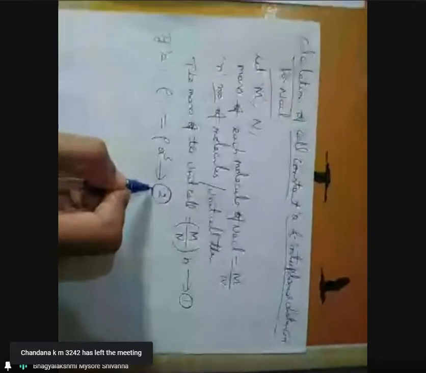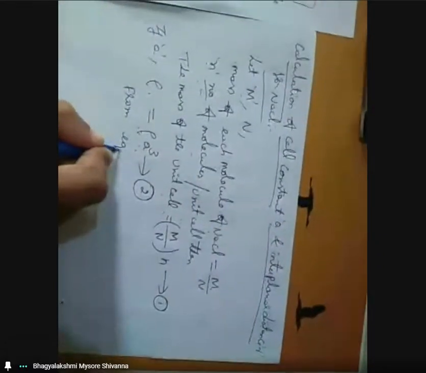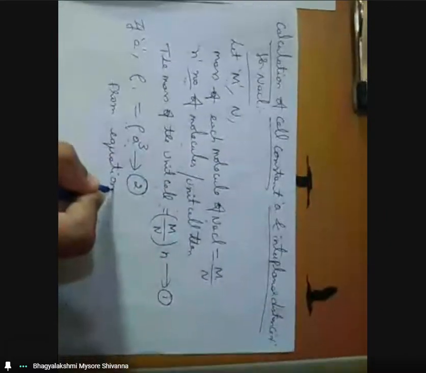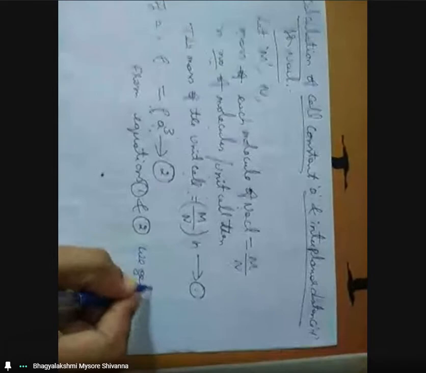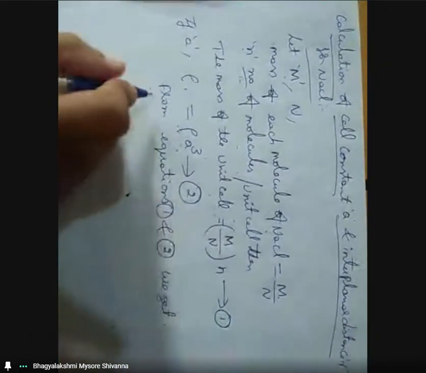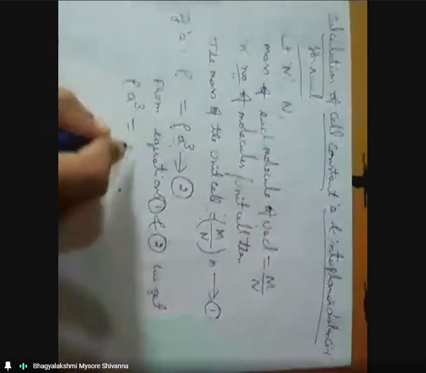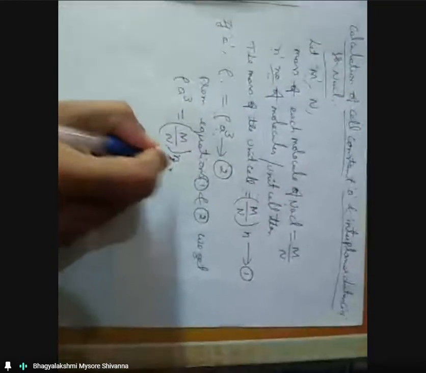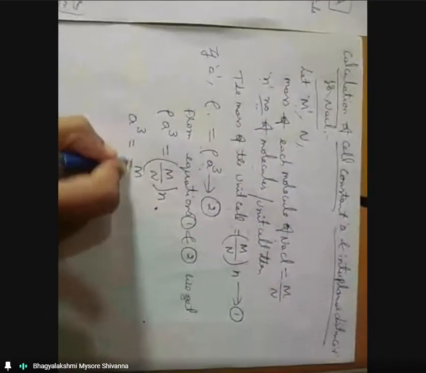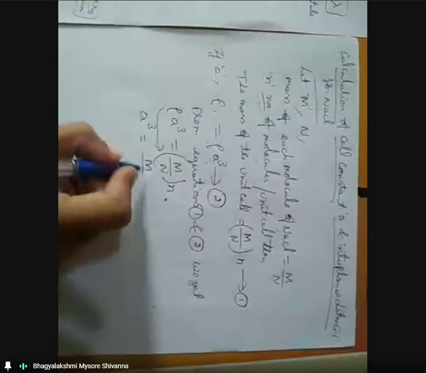This is equation 2. From equations 1 and 2, we get rho a cube equal to M by N into small n, or a cube equal to M by N rho into small n, just rearranging the terms.